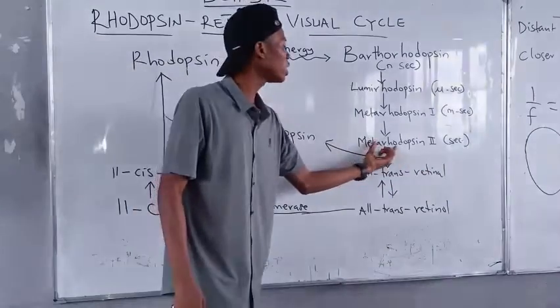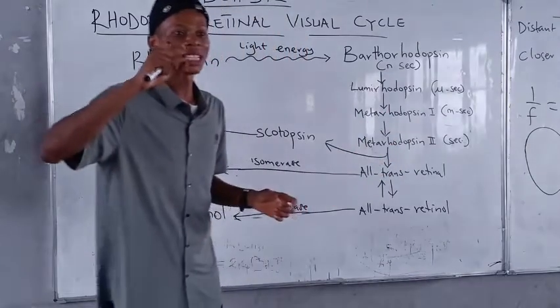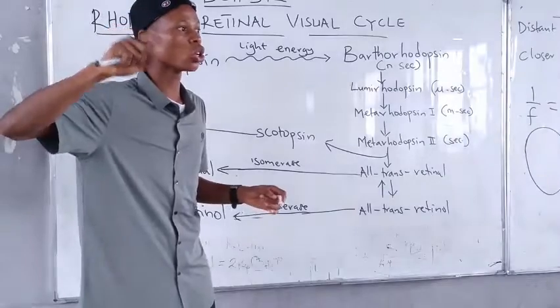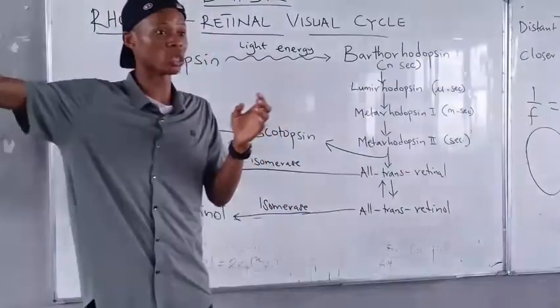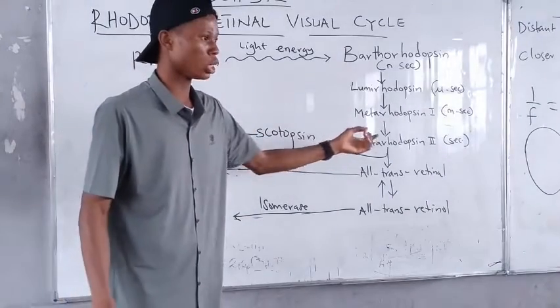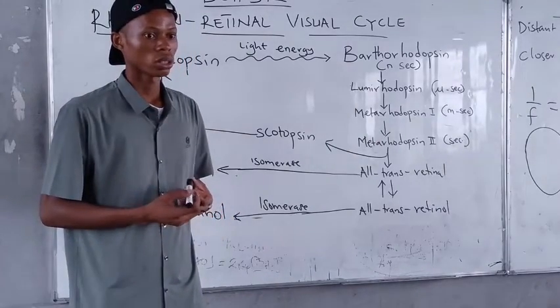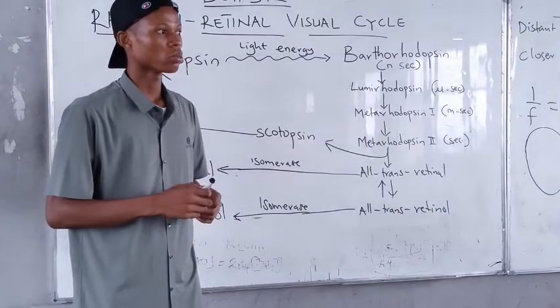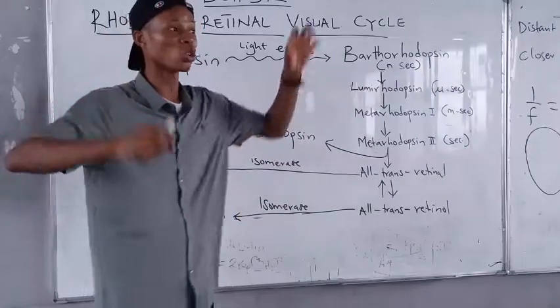Now, it is this metarhodopsin 2 that sends signal into the rod cells, so that when we say the retina sends signal to the optic nerves, read the last part I gave there. From metarhodopsin 2, what did I say? Also called activated rhodopsin, it excites electrical charges in the rods, right?